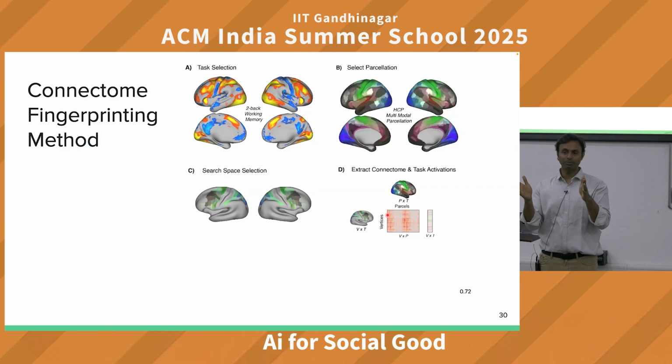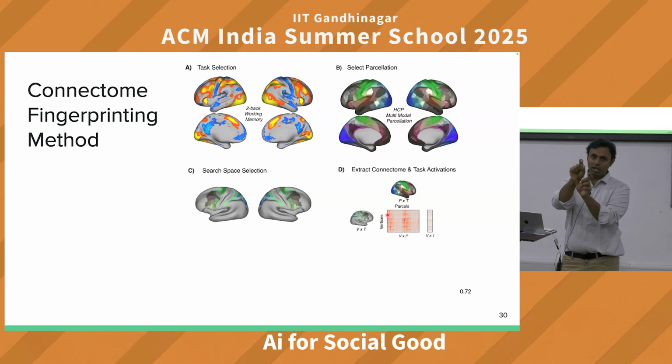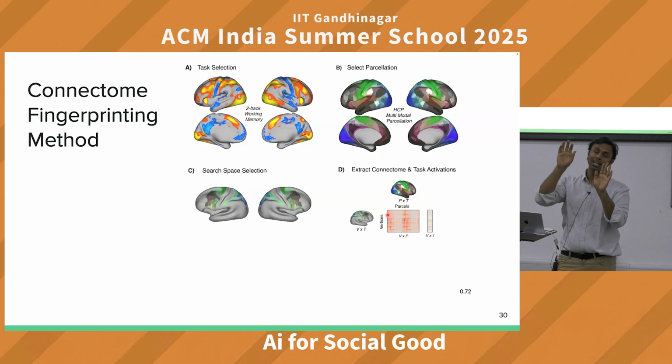Normal divide करें तो 2000, सही? फिर हर इसमें 2000 है, and then find a correlation with each parcel. So 200,000 voxels with each of these 100 parcels.